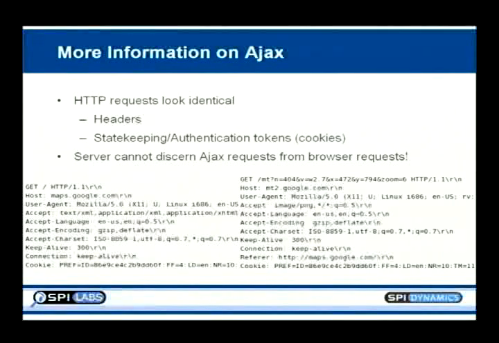But if I was on maps.google.com and I clicked a link to go to the About page, the HTTP request I would send would have a referer saying this request came from someone clicking on a link on maps.google.com. So the referer in and of itself isn't a way to tell whether AJAX or a user made the request. The only reason the request on the left doesn't have a referer is that it was the first page I visited and I manually typed it in.